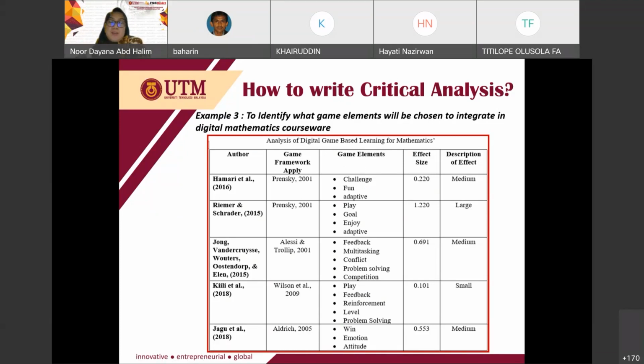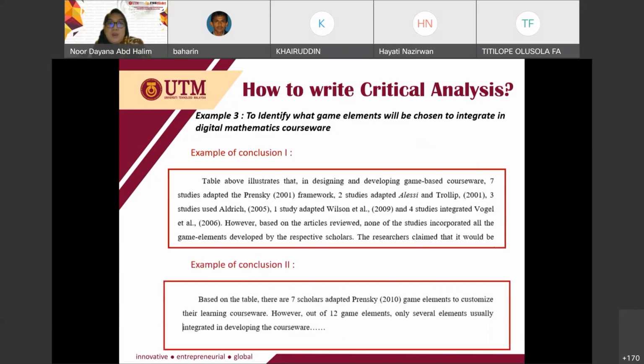So you can use the fun element in adapting your courseware, for example. So this is another example of why you need to do critical analysis for your literature review. Okay, so this is the conclusion: to identify what game elements will be chosen to integrate in digital mathematics courseware.